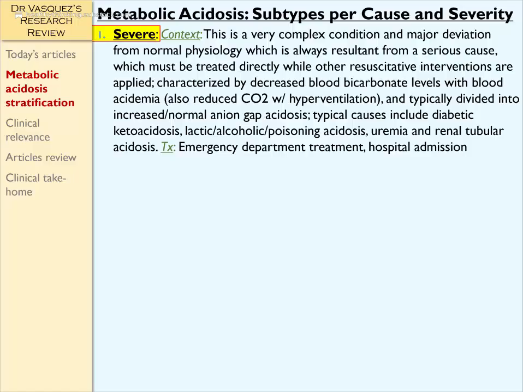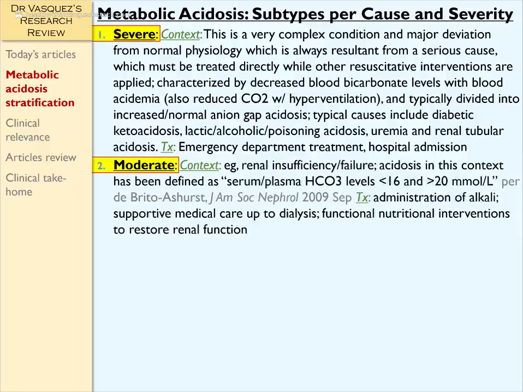This is typically divided into increased or normal anion gap acidosis. Typical causes include diabetic ketoacidosis, lactic, alcoholic, and poisoning acidosis, uremia, and renal tubular acidosis. Severe metabolic acidosis needs to be treated in the emergency department and is generally then followed by hospital admission.